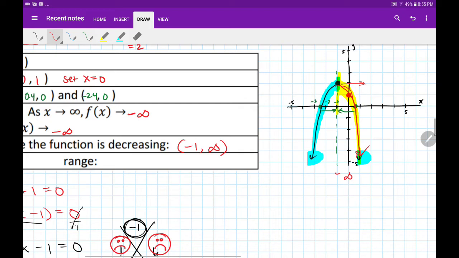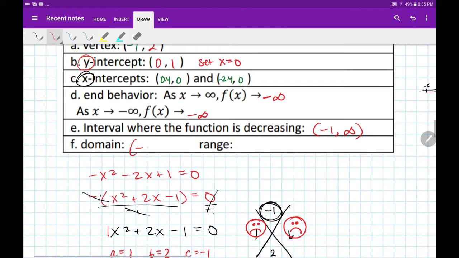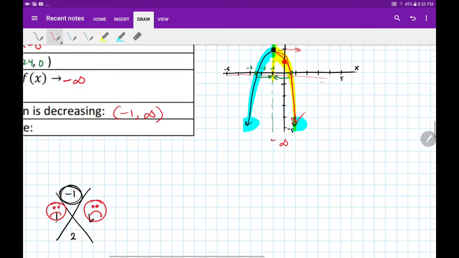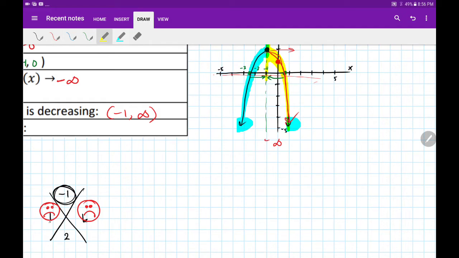Our domain is negative infinity to positive infinity, as always for these quadratics. And then our range, we need to scan the graph from bottom to top. So does our graph exist down here at negative infinity? Well, look at the arrows. They are going downwards. That means, yeah, it takes on all those negative y values.